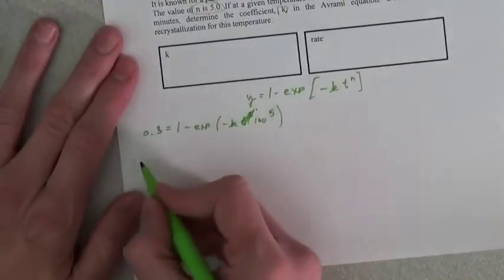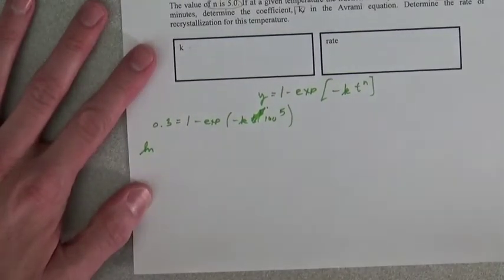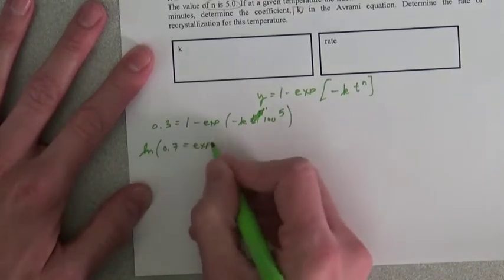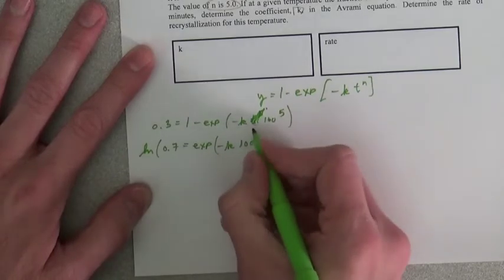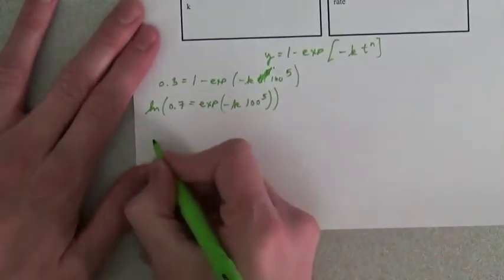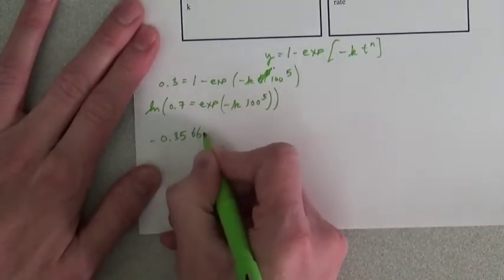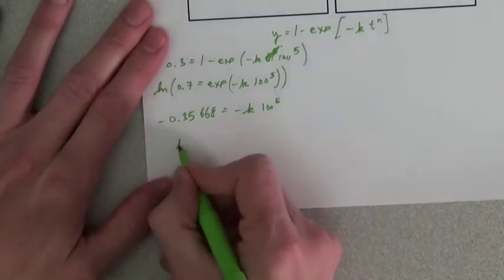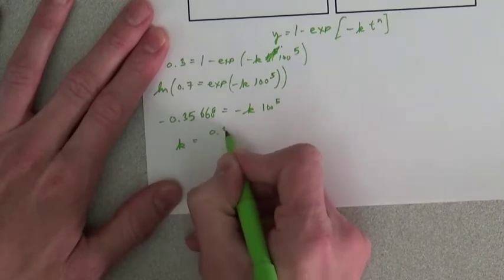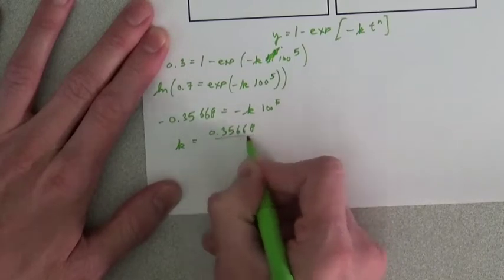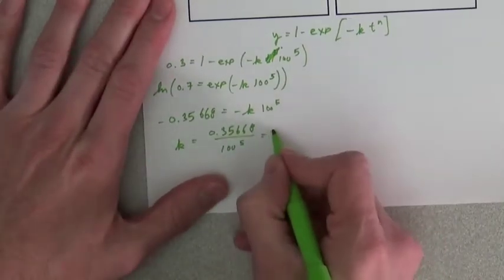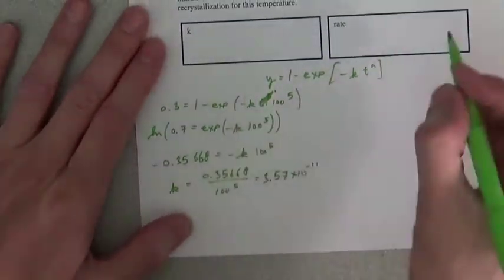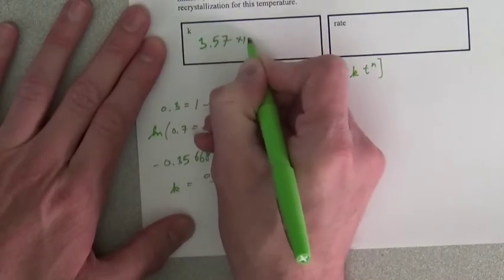Rearranging that and taking the natural log of both sides, we get the natural log of 0.7 is equal to negative k times 100 to the 5, or minus 0.35668 is equal to negative k times 100 to the 5. k is equal to 0.35668 divided by 100 to the 5, which is 3.57 times 10 to the minus 11.